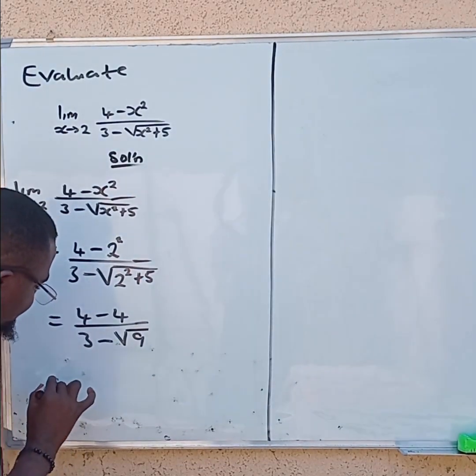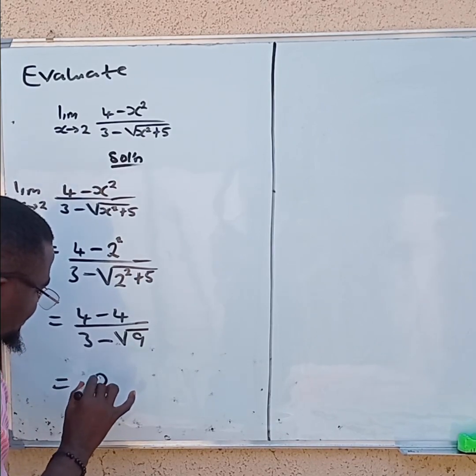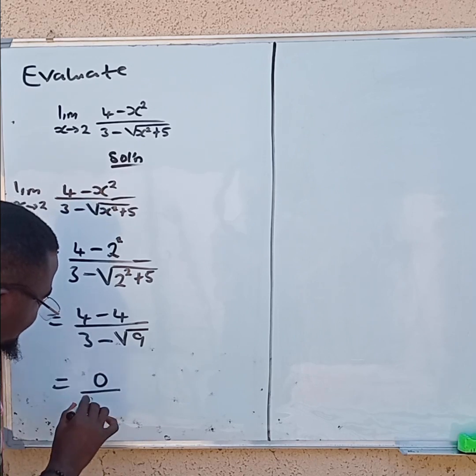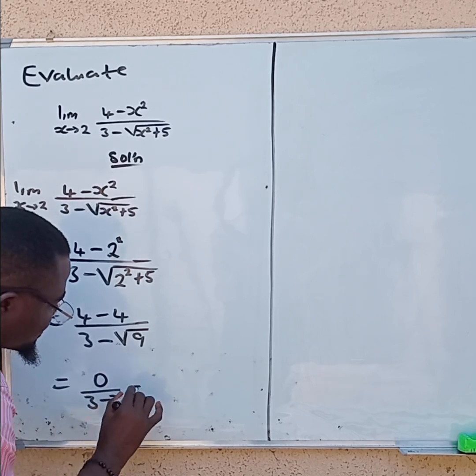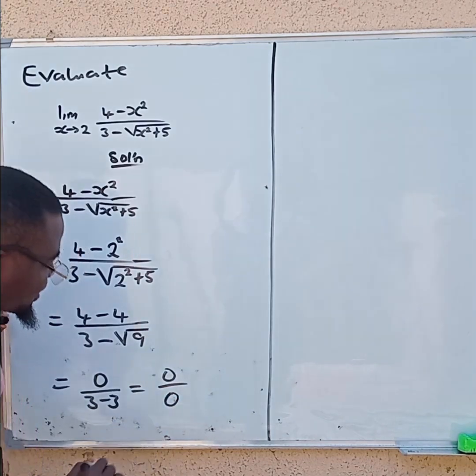So this will give me 0 over 3 minus 3, which is 0 over 0.